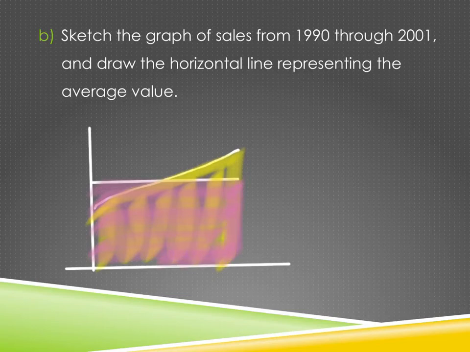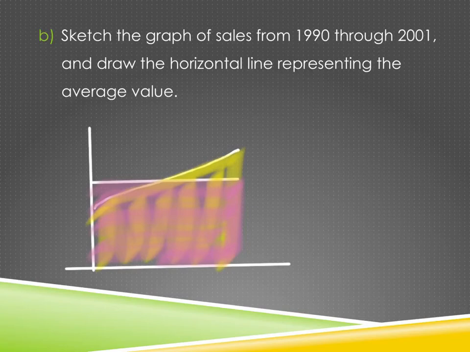It's almost like Play-Doh, right? When you mush the Play-Doh, you don't change the volume, but you change the shape. I've taken this two-dimensional shape and evened it out to be a horizontal line that has the same amount of area beneath it that the original irregular function had.